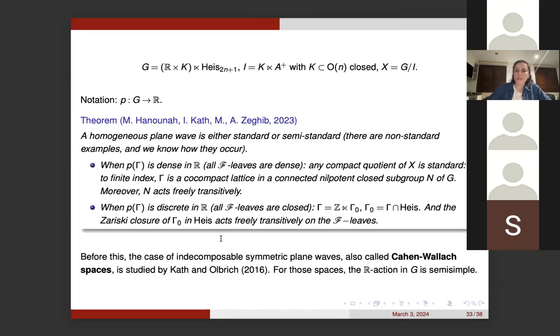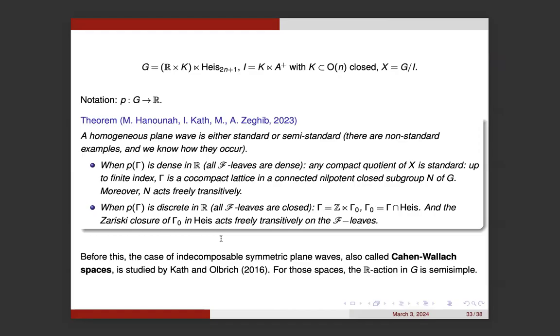So the result is the following. The homogeneous plane wave is either standard or semi-standard. Inside these semi-standard examples, we have non-standard examples. I gave you an example before, and we understand in general how non-standardness occurs.